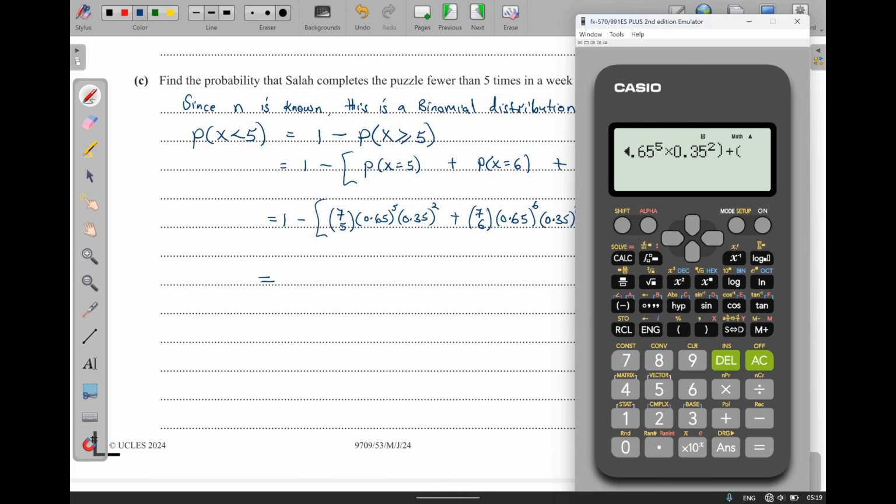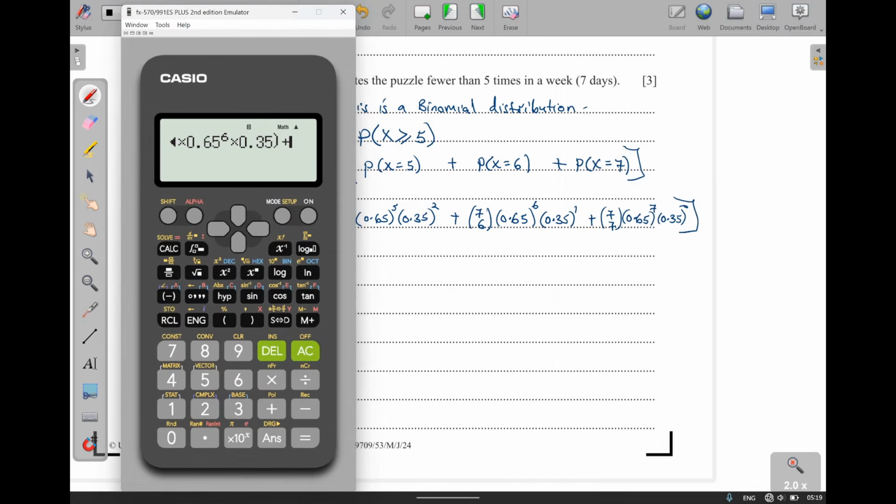Then I go to another one, 7 combination 6, and then times 0.65 power 6, then times 0.35, close the brackets. Then the last one, 7 combination 7 is 1, so I will just put 0.65 power 7, because even 0.35 power 0 is 1.